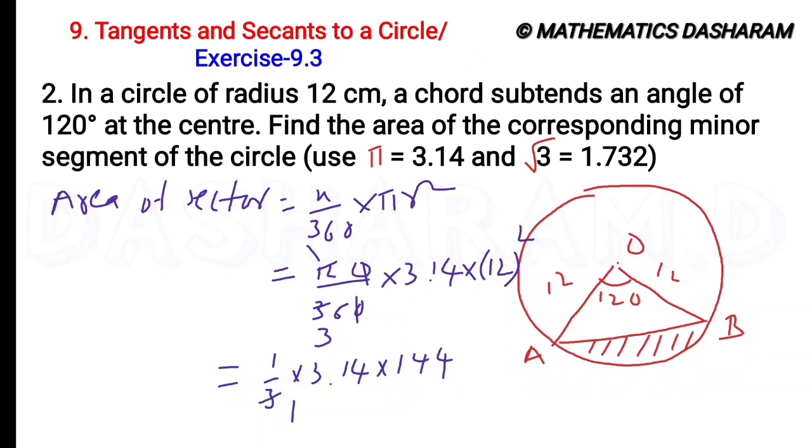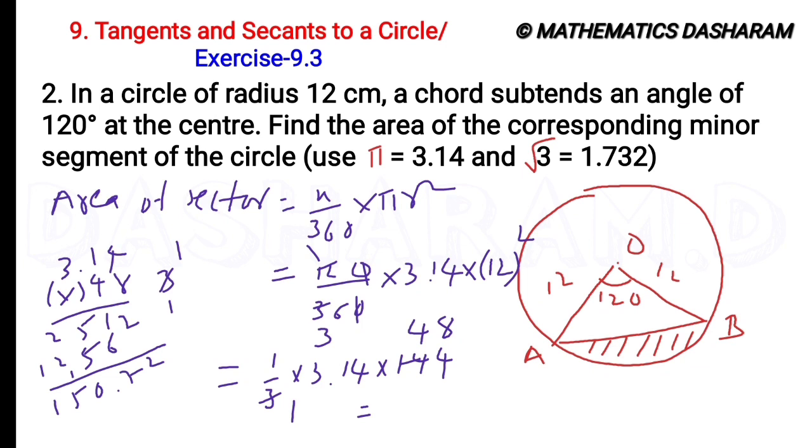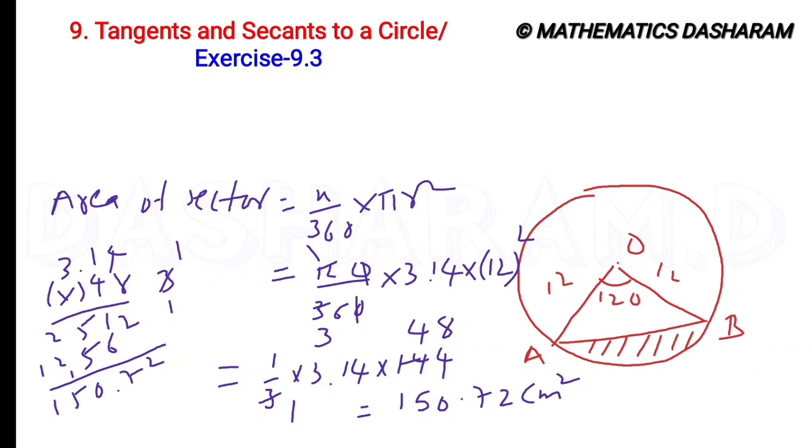Here 3 ones are 3, 3 fours are 12, 2 carry, 3 eights are 24. So 3.14 into 48, it is equal to 150.72 centimeter square.